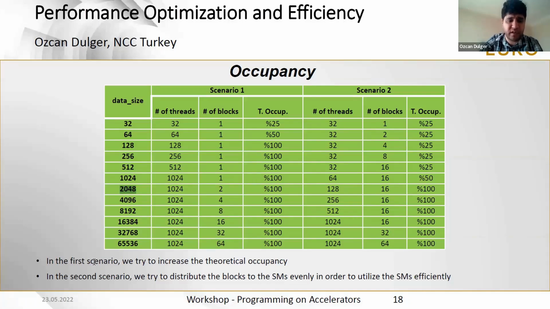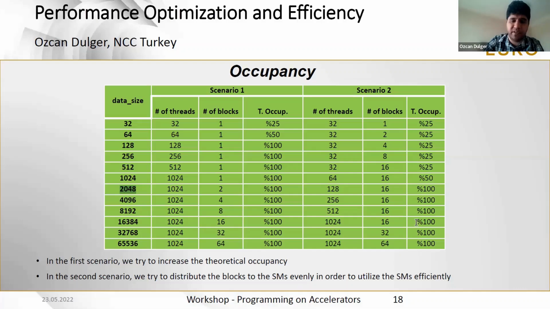So with the first scenario, we try to increase the theoretical occupancy. With the second scenario, we try to create more blocks and distribute these blocks to the streaming multiprocessors evenly to utilize them efficiently.